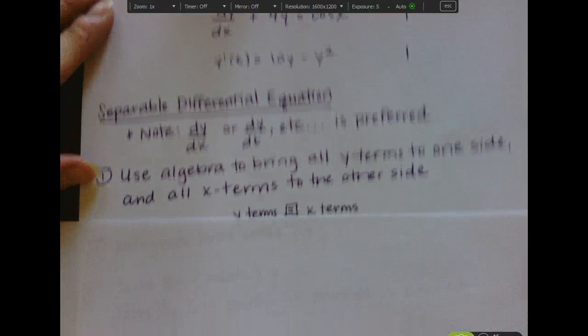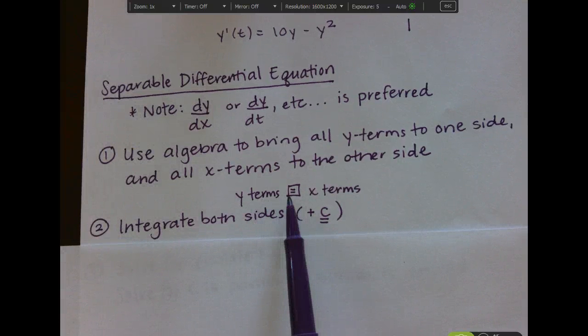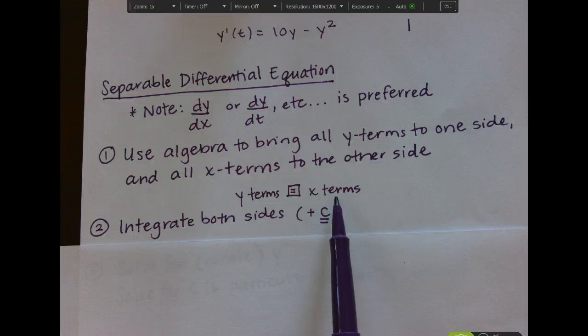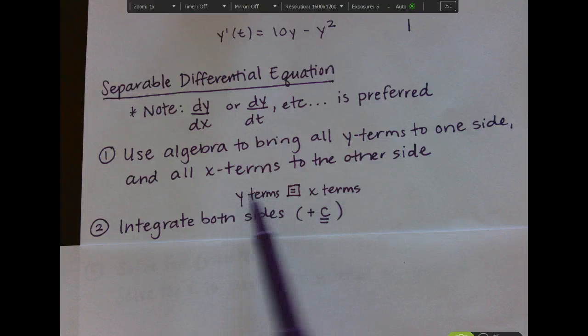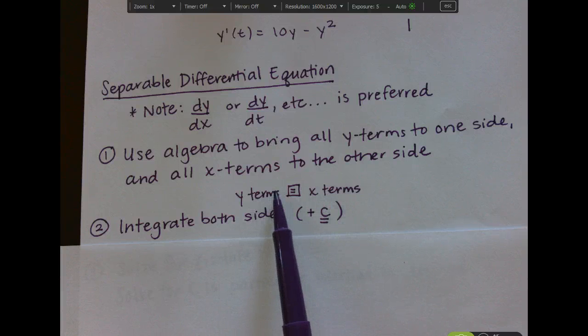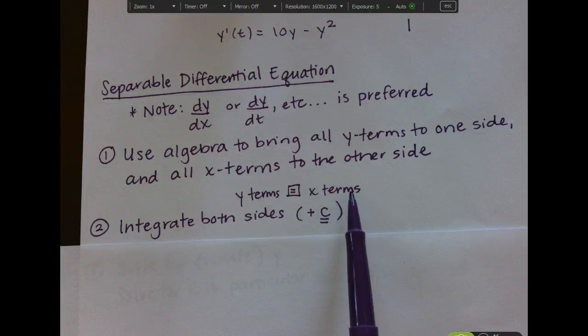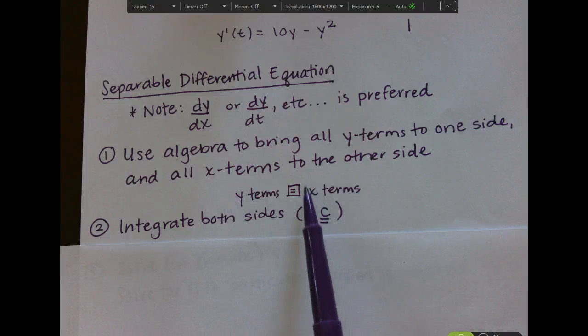Once I've separated so that I have y terms equal x terms, then I'm going to integrate each side of that equation. And you can see why we want dy over here with the y terms and why we want dx over here with the x terms, because that is necessary in order to do our integration.